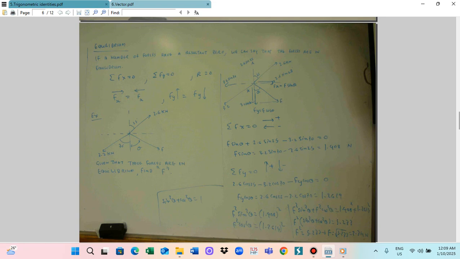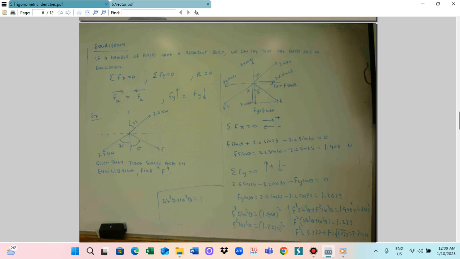And similarly, the total FY going upward is equal to the total FY going downward. So this is when we achieve the equilibrium position.